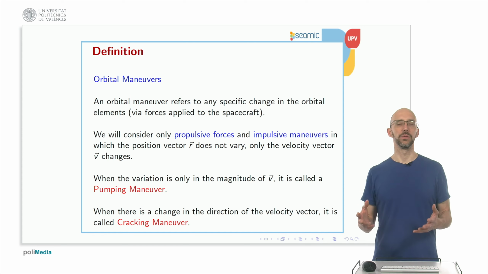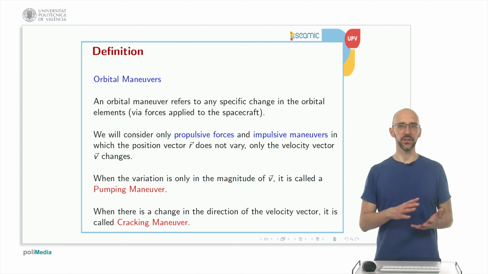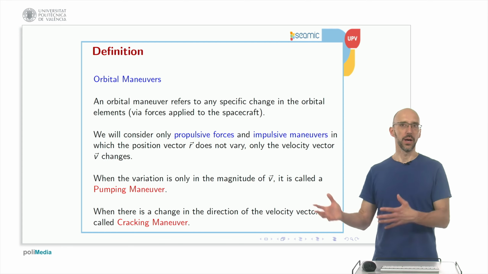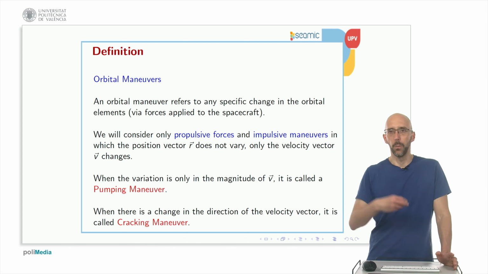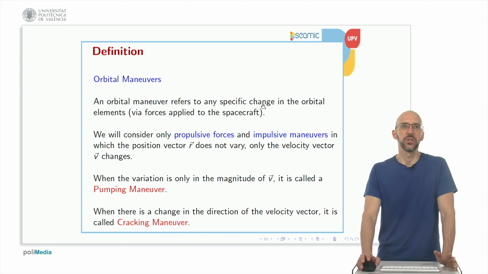This is an orbital maneuver. Depending on how we apply this maneuver, the orbit of the satellite is going to change in one way or another. It's very dangerous, by the way. You cannot just push anything in space just for fun. Be careful.